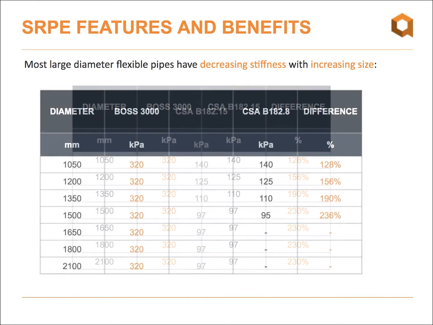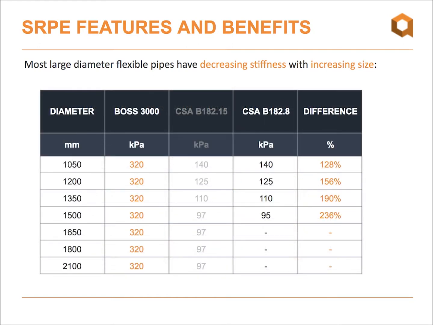If you compare that to the requirements of CSA B182.8, which is the standard that applies to corrugated HDPE, as soon as you exceed 900 millimeters, again, the standard allows for variable pipe stiffness. So at the largest size, we bring to the table more than 3 times the pipe stiffness.